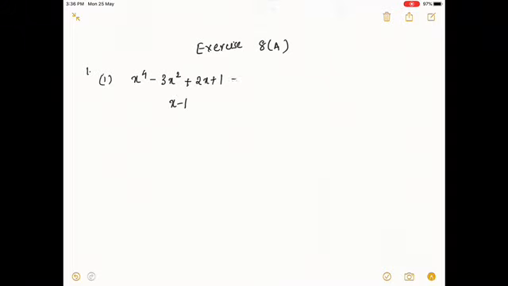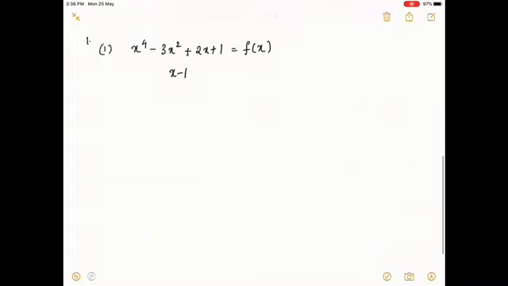This is our f of x, and you need to find the remainder. It's divided by x minus 1, so you can write x minus 1 equals 0, x equals 1.